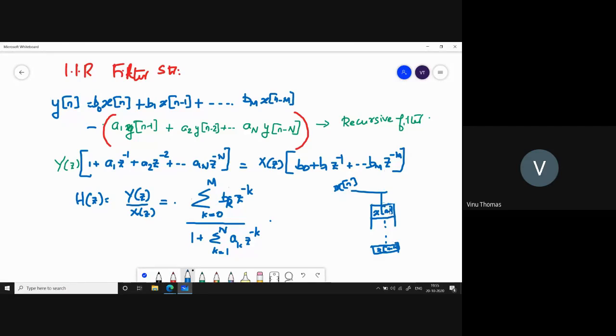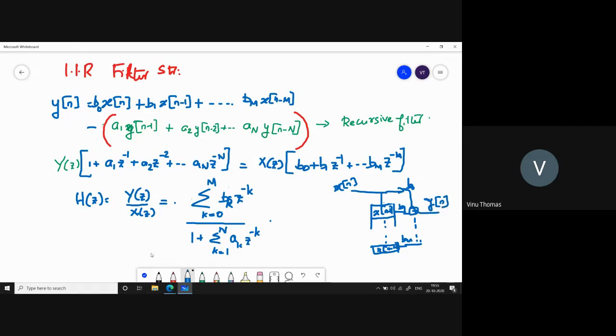Each memory location can be assumed to be a delay. And maybe you can multiply this by b0, this by b1, etc., up to this by bm, and then you can add all those. So this will constitute what is known as y of n for an FIR filter.